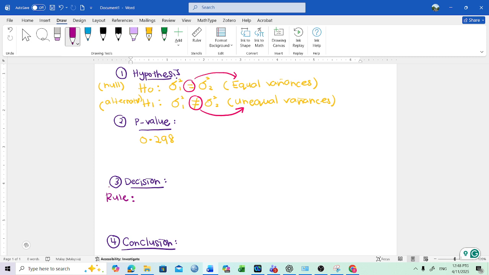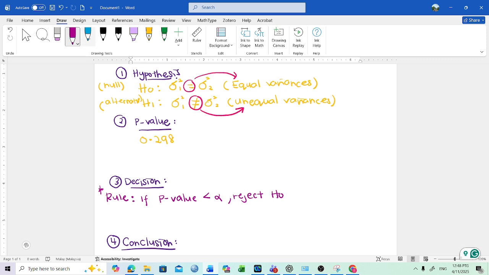The rule here, which you need to remember, is: if the p-value is less than or equal to alpha, where alpha is given and the p-value is also given, then you will reject the null hypothesis. This is the rule. So what is our decision?